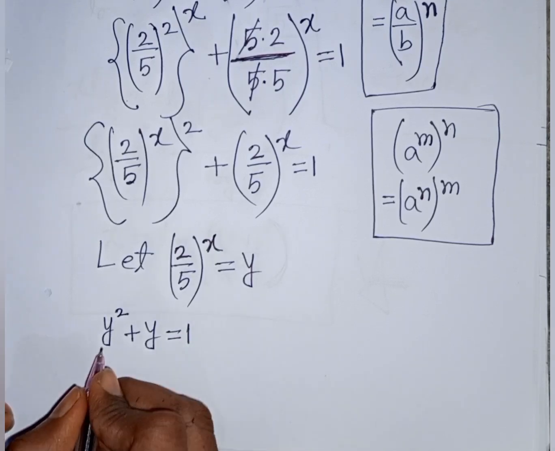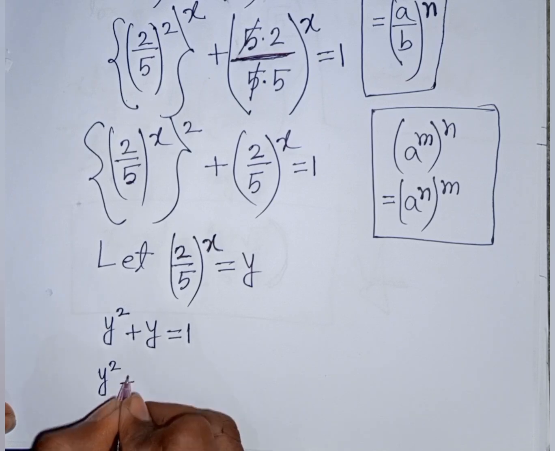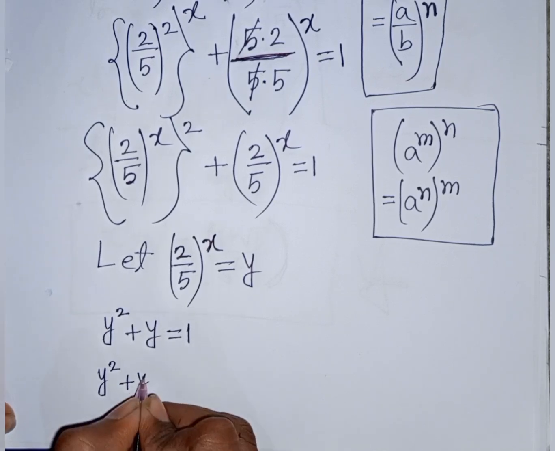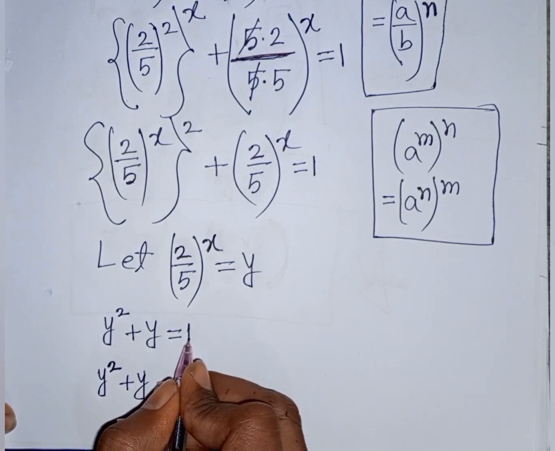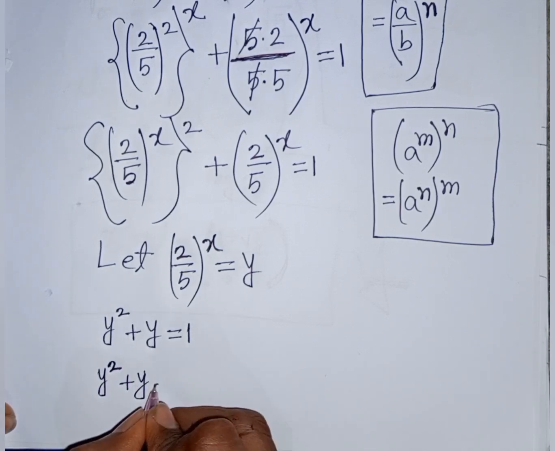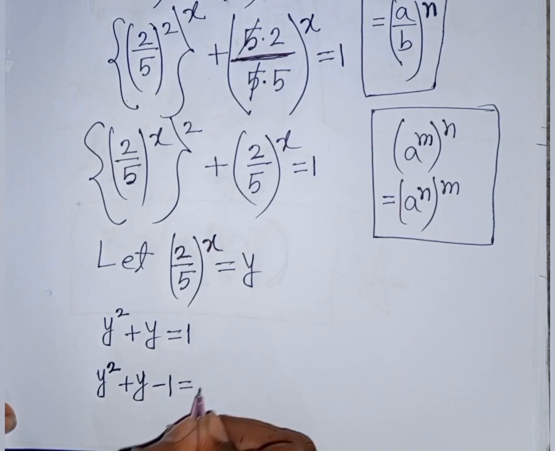Now we can write here y square plus y, then this plus 1 taken to the left side, so this will be minus 1, is equal to 0.